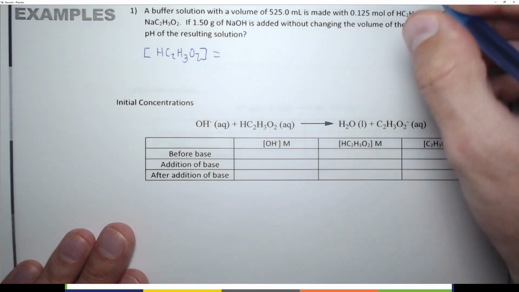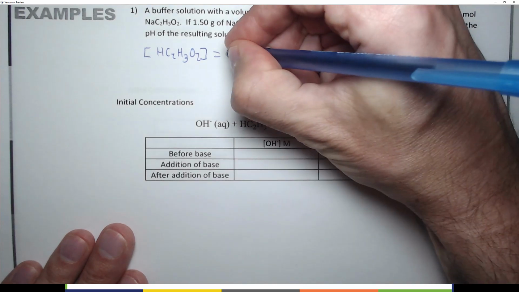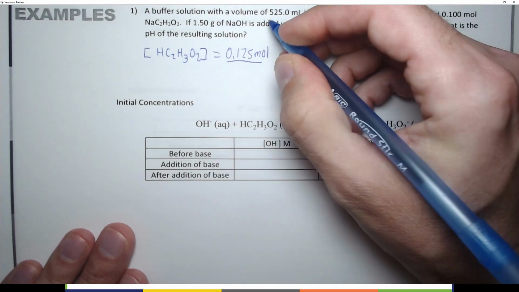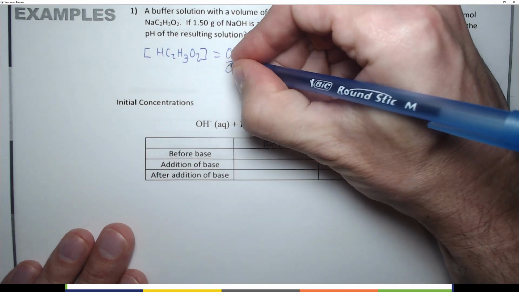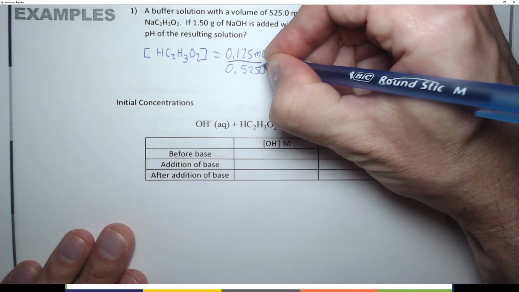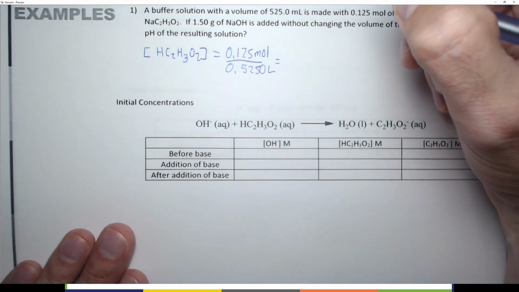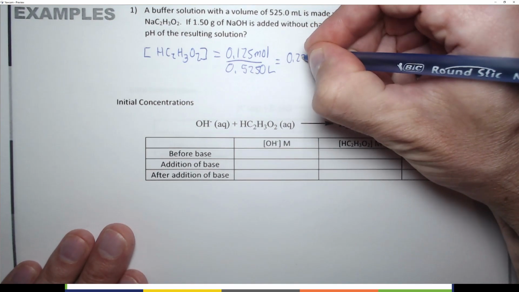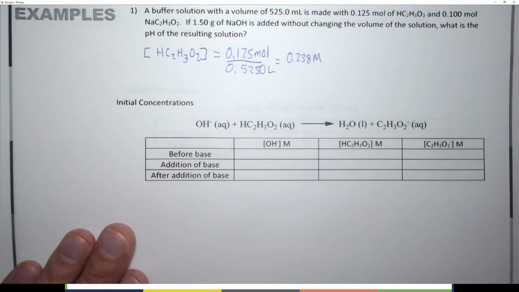So I'm going to take the 0.125 moles and divide by this in liters, divided by 1,000, 0.5250 liters. When I do that math, I find that this is 0.238 molar.